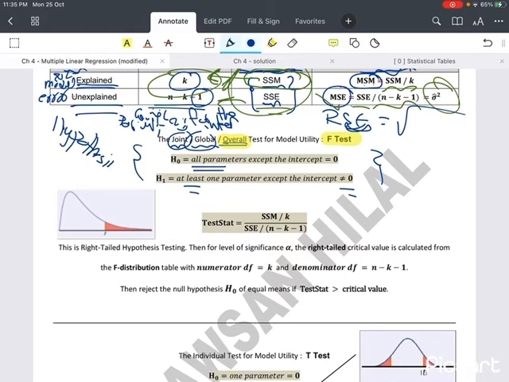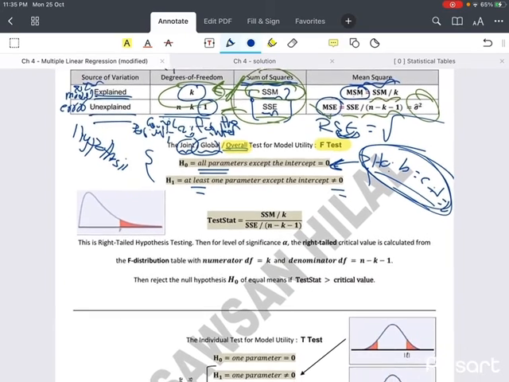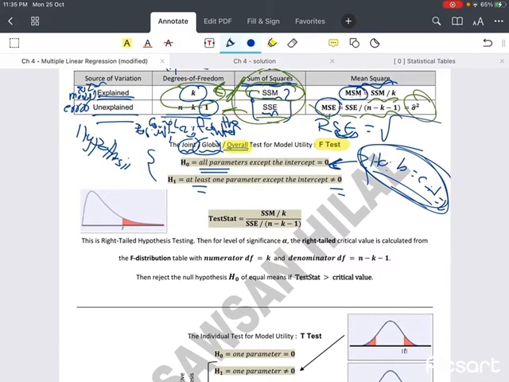For example, if they give you a model from X to Z, you can write H not: B, C, D equal to 0. If you memorize this, you will know how to write this.